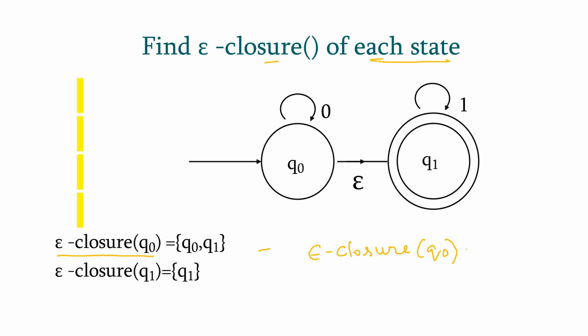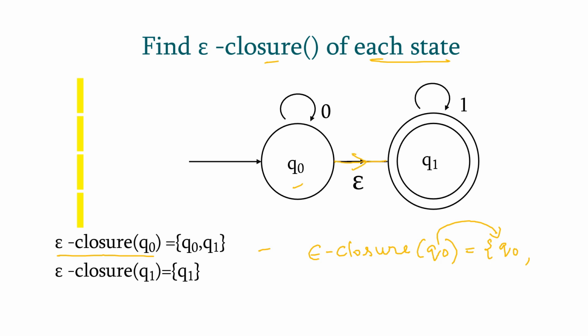So you can move to Q naught itself without any input. When you say epsilon closure of any state, just include that state itself first, because I can move to the same state without any input string. Then, from Q naught, search for epsilon moves. Here we have one move like this.